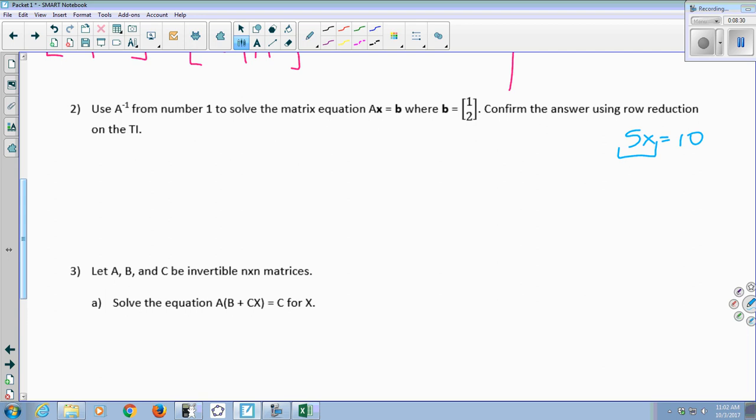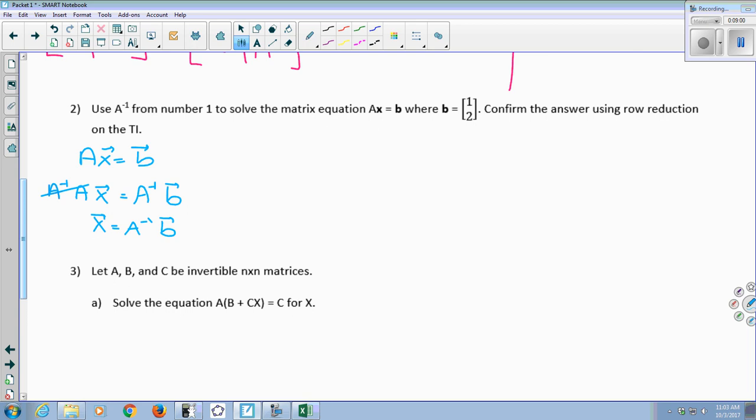So if I have Ax equals b, I want to get the x by itself, so I can multiply both sides by A inverse. A inverse times A times x equals A inverse times b. The A inverse and the A cancel to give you the identity, so you just have x equals A inverse b.